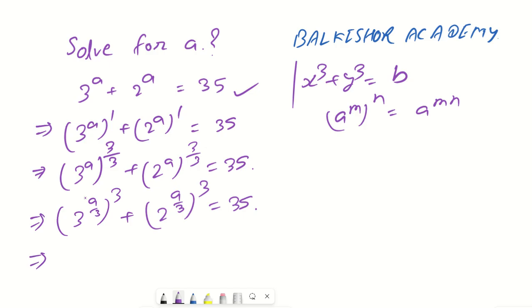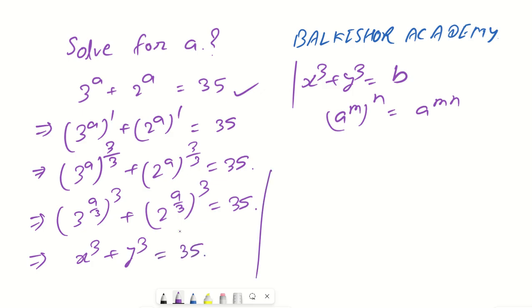And from here, can you see, let us say 3 to the power a by 3 is x, 2 to the power a by 3 is y. So I can write it down, x cube plus y cube is equal to 35.